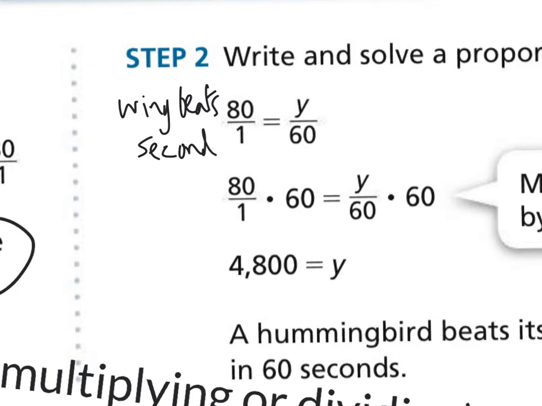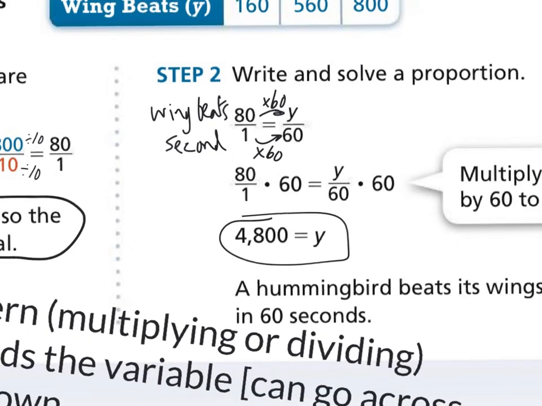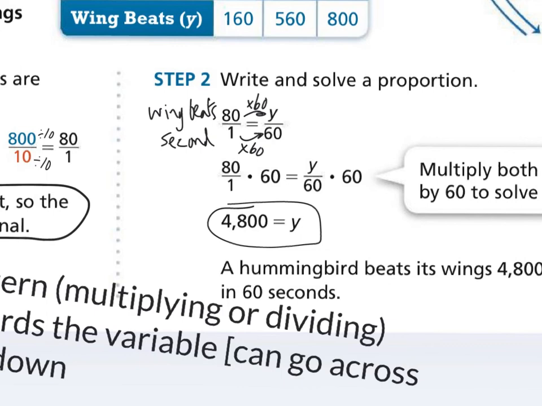And we're trying to find the number of times in 60 seconds. So you could on this one just say, to get from 1 to 60, that would be multiplying by 60. So 80 times 60 is 4,800. So 4,800 times the hummingbird beats its wings in 60 seconds, or in 1 minute, then we could say.